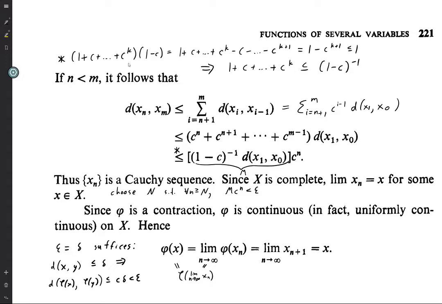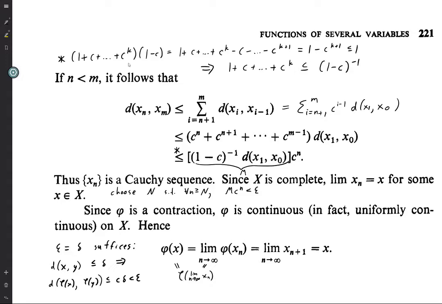And now we use the fact that X is complete, because this Cauchy sequence needs to converge to something in the space. And that's only guaranteed if X is complete. Since we assume X is complete, the limit of the xn's exists and is equal to x for some x in the space. This is our candidate for the fixed point.